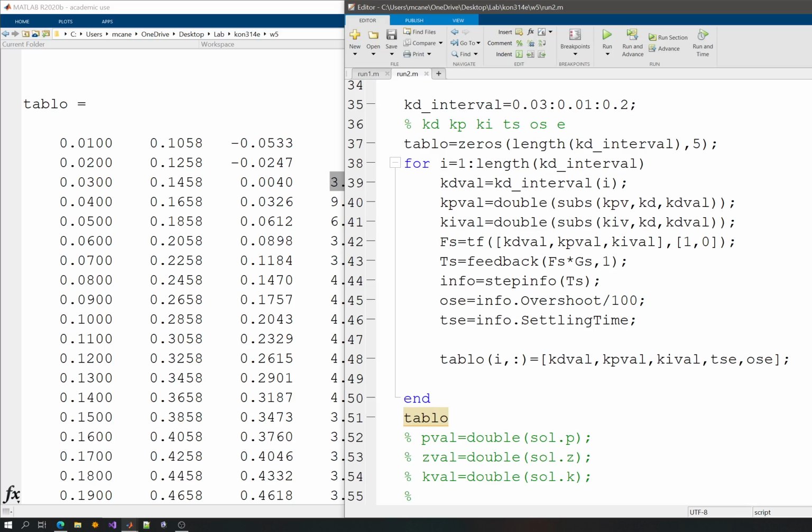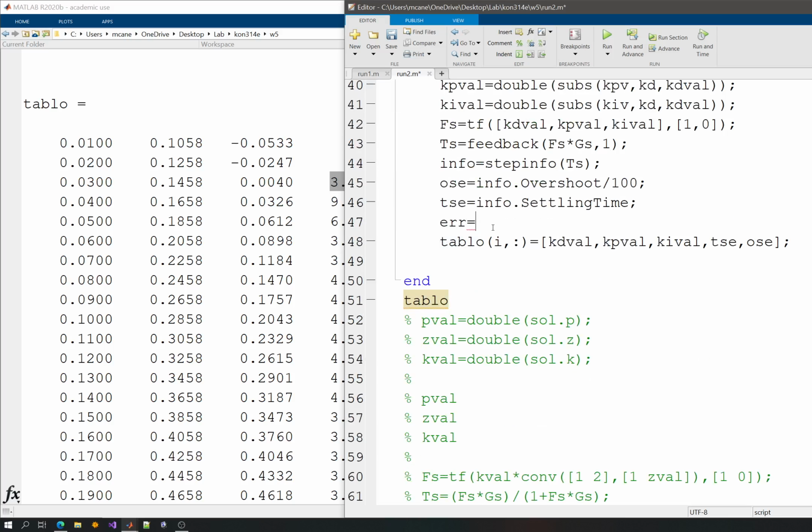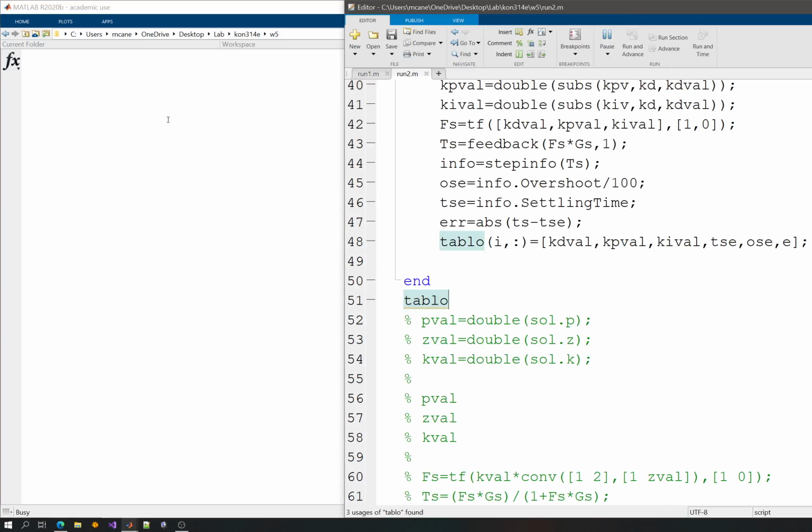So what I mean by that is I might have just calculated an error here, and therefore I need to increase the column count, since I will keep track of this error, and I would have used the absolute value of TS minus TSE, which represents my experimental settling time, and I would have just placed this here and run this again. Let's run it again.